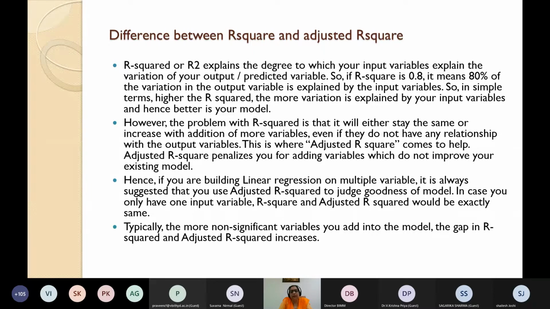So if you build a linear regression model with multiple variables, it's always suggested that you make use of adjusted R square to judge the goodness of fit of the model. And as you go on adding more non-significant variables, you will find that the difference between R square and adjusted R square goes on increasing. That also shows whether the variable that you have added has any actual significance to the variation of Y with respect to the different independent variables.